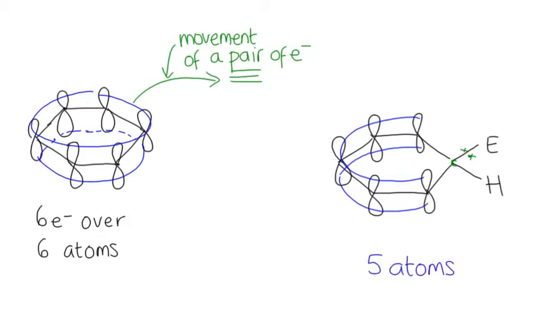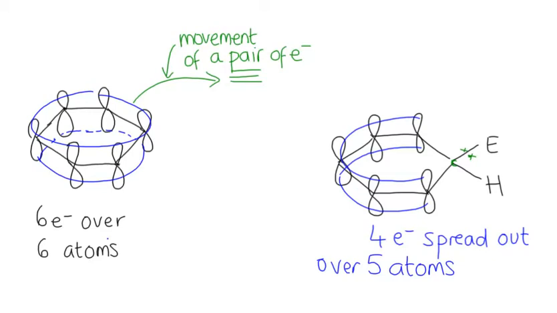But how many electrons are spread out over those 5 atoms? We had 6, and we moved a pair, so there's now 4 electrons spread out over 5 atoms. How are we going to show that in our mechanism? Well, we've broken that pi ring, but it's still spread out over 5 atoms.